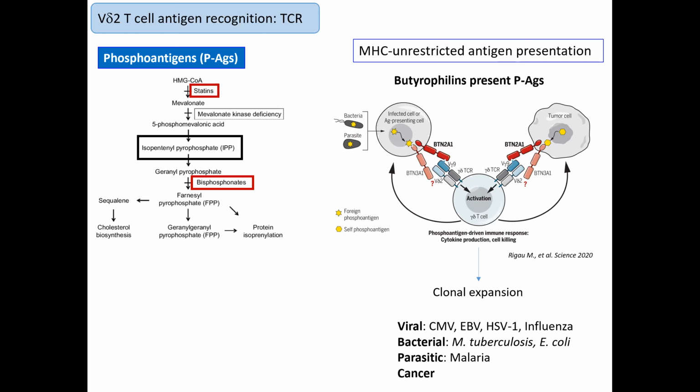Anyway, after gamma delta T cells or VD2 T cells are activated, they are clonally expanded as we expected. And this clonal expansion occurs after viral, bacterial, parasitic infections or malignancies. So this is the case for most of these infections for VD2 T cells.